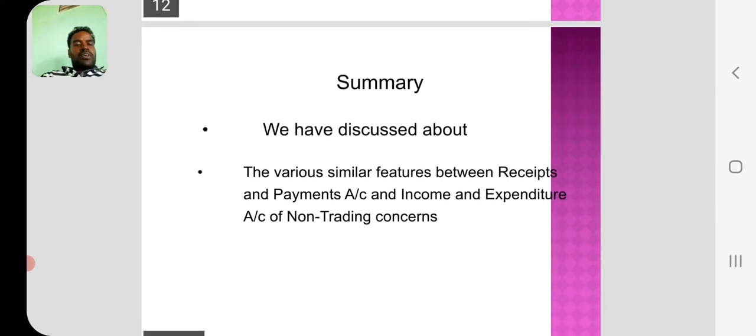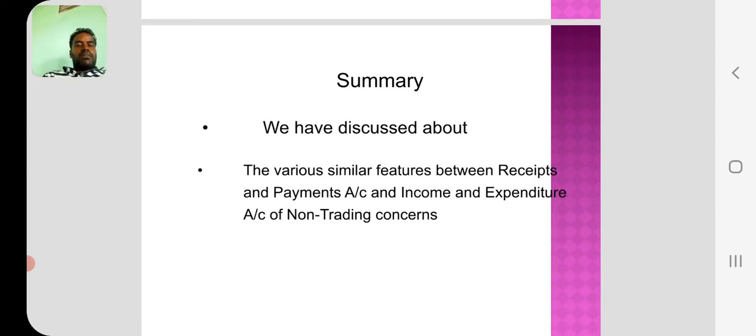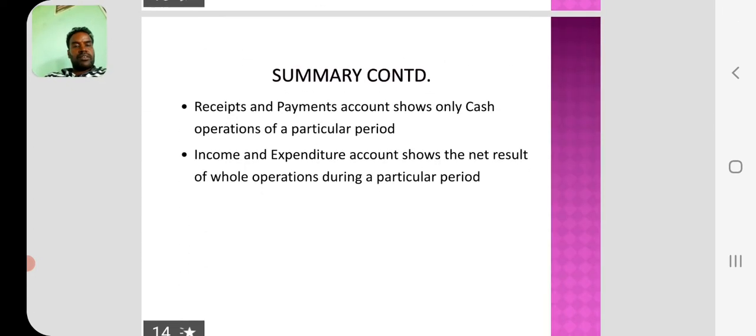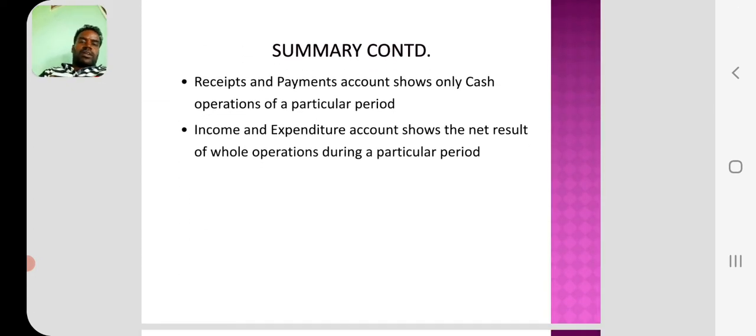So see here the summary. We have discussed the similarities and features of receipts and payments account and income and expenditure account of non-trading concerns. Receipts and payments account shows only cash operations for a particular period, whereas income and expenditure shows the net result of the whole operation during the particular year.